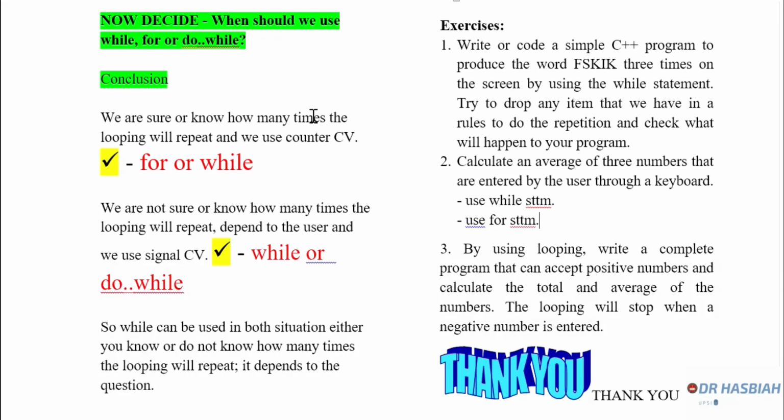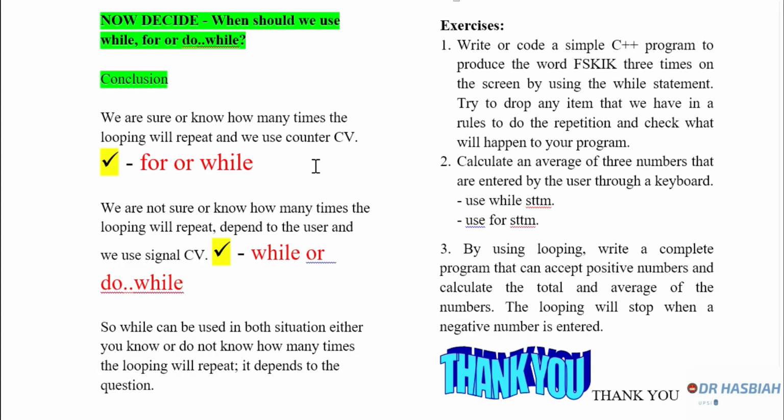When you read the problem, you have to understand it, then decide which statement you want to use. If you are sure, or you know how many times the looping will repeat, when you read the question you get the clue, you get the idea, you will use the counter CV. So you can use for or while statement.